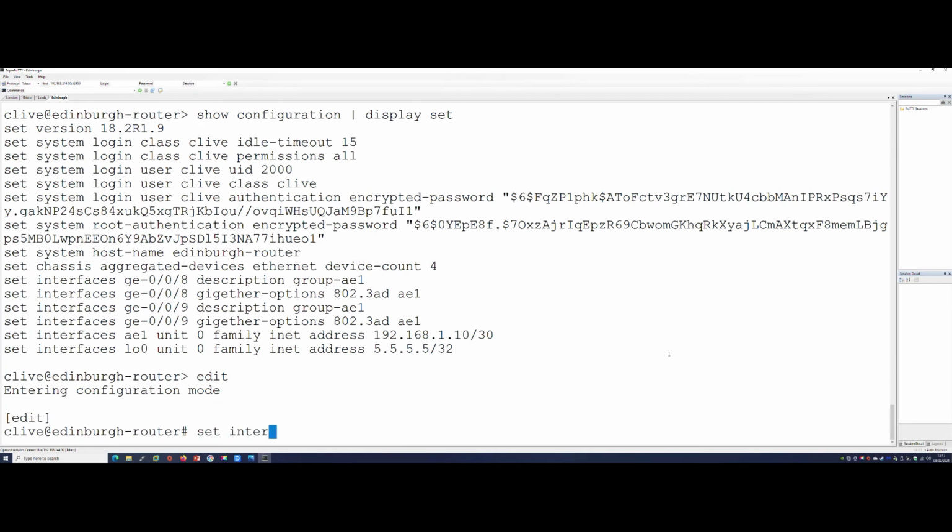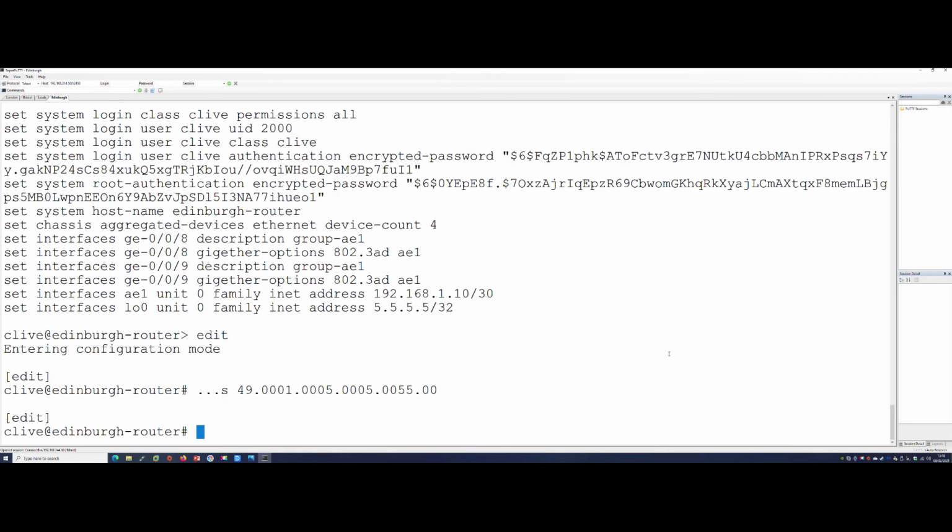So set interfaces lo0 unit 0 family iso address 49. Area 1 we want. And on here we've got 5, so the next set of three times four digits, 5555, and the node at the end, .00. So we can commit that.